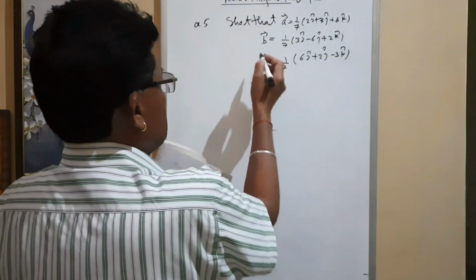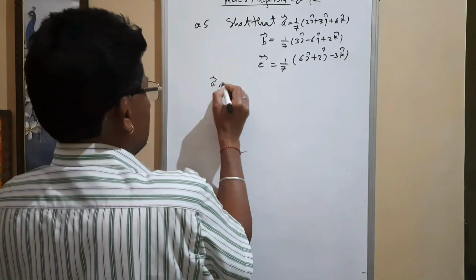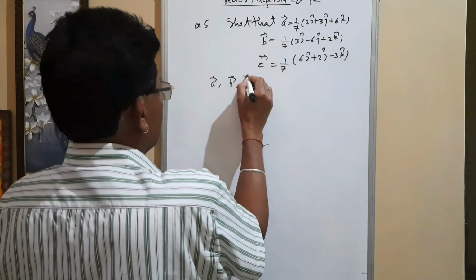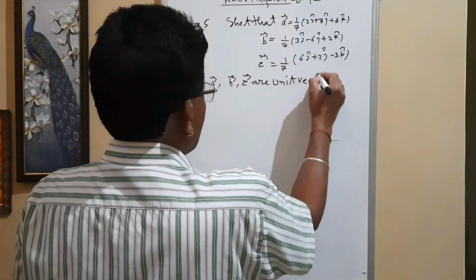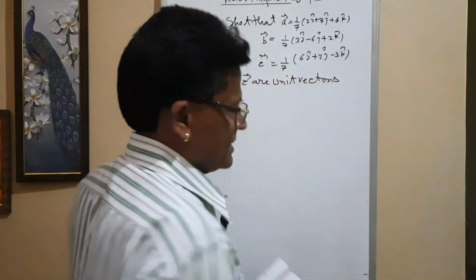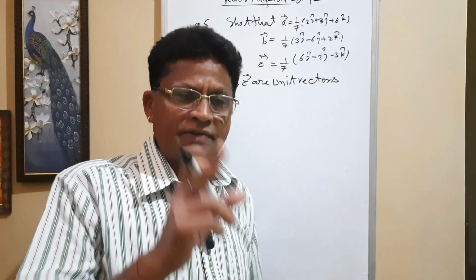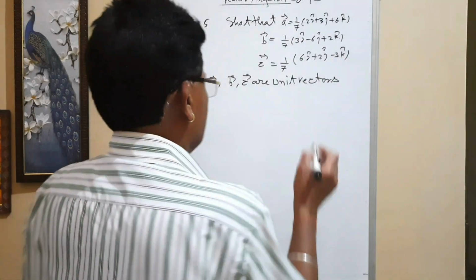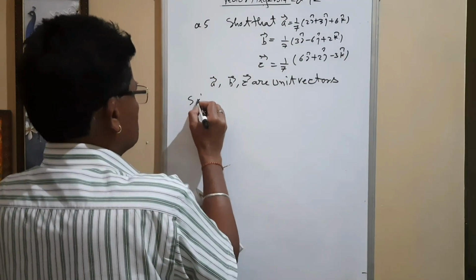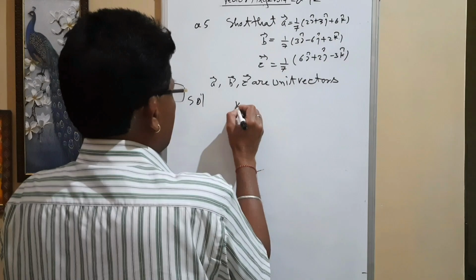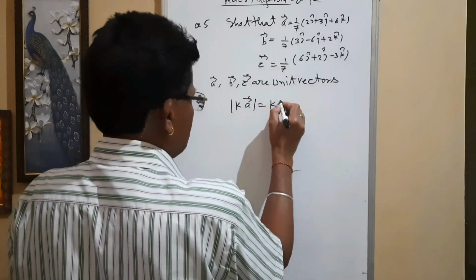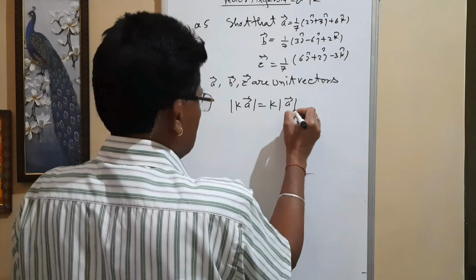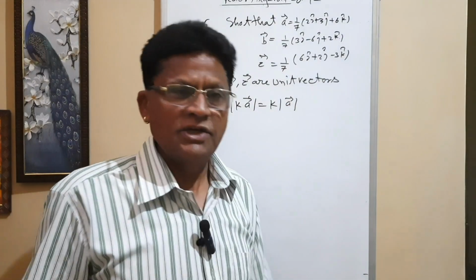You will have to prove that A, B, C are unit vectors. How can you say that these are unit vectors? If the magnitude of the vector is equal to 1. But before starting this, you will have to keep in mind that for k times vector A, if you want to find its magnitude, it will be equal to k multiplied by the magnitude of that vector.